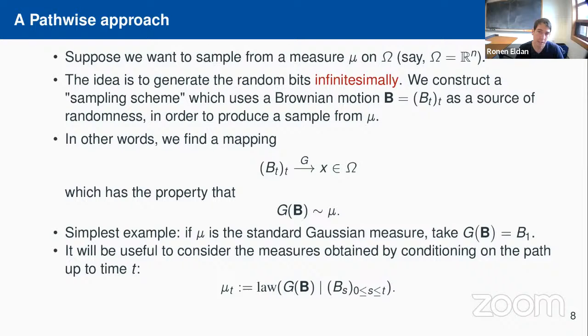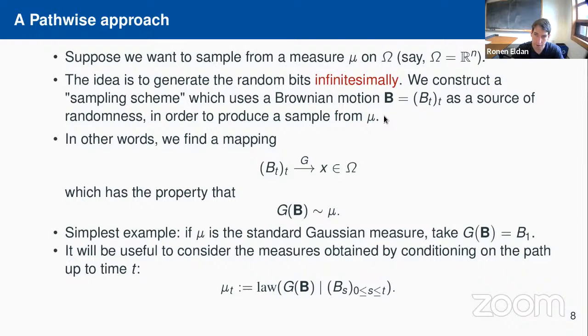So let's try to give an overview of what the meta technique looks like. Suppose we have some measure mu, and we want to sample from it. The measure mu is on some space, say R^n, the discrete hypercube, but really pick your favorite space.